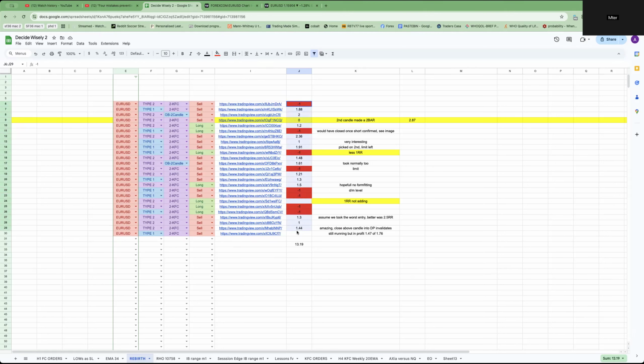Okay, let's just do this. Count is 23 trades, and we have 1, 2, 3, 4, 5, 6, 7, 8. 8 minus 23 is, oh my God, brain is gone. 23 minus 8 is 15 divided by 23 is 65% win rate, which is something.